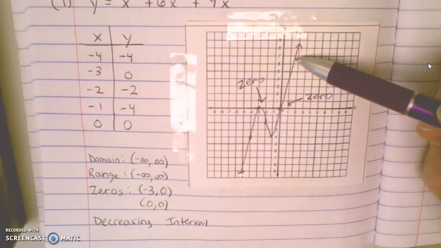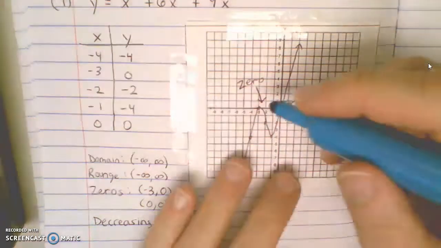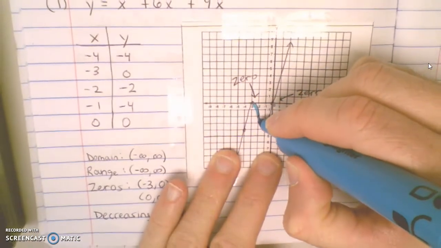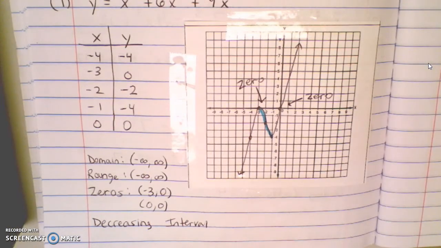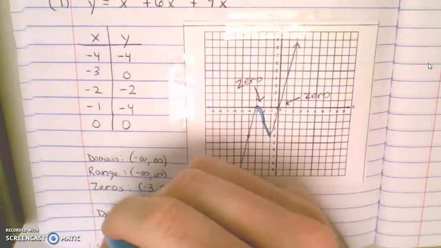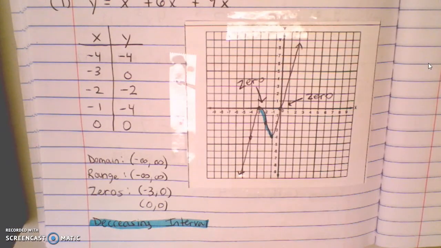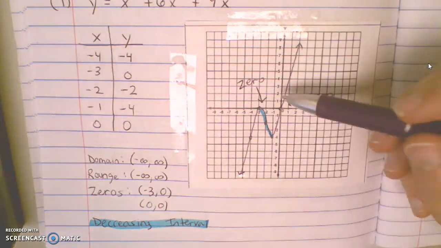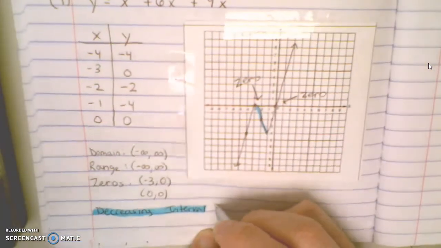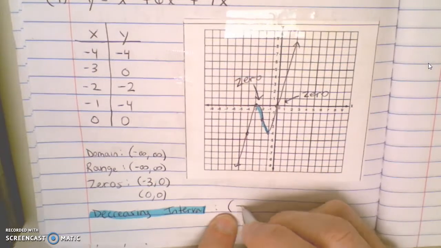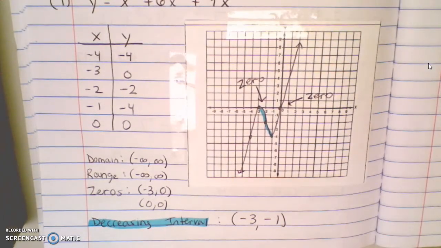So the graph is decreasing here, and I'm going to use a highlighter, from -3 to -1 in terms of the x value. So again, you're only looking at the x values when you're looking at your decreasing and increasing intervals. So decreasing interval there is the blue section, and for my x values, that goes from -3 to -1. So my decreasing interval is -3, -1. That's where it's decreasing for the x values.